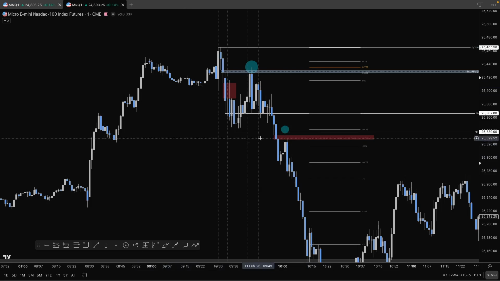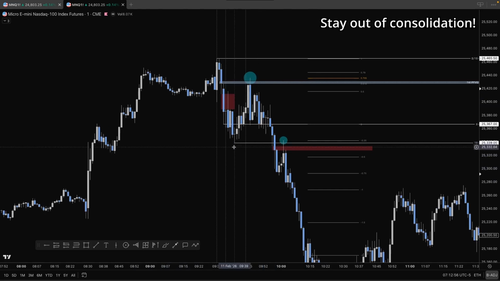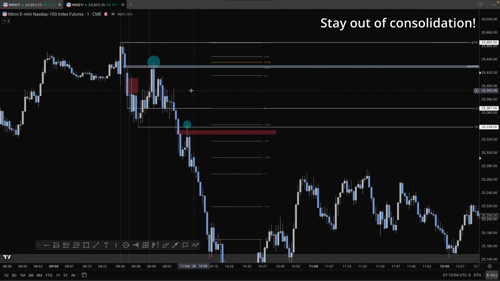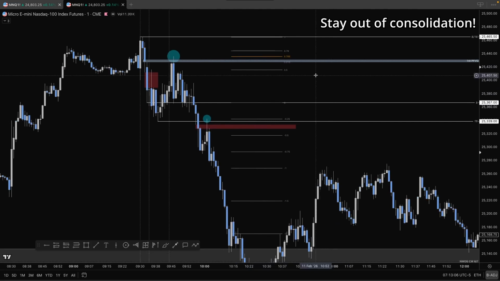You often see days where we put in the range, push up and just accumulate in this range, and maybe at 10:30, 11 we just get a random move. For me, that's a sign to not take the trade.